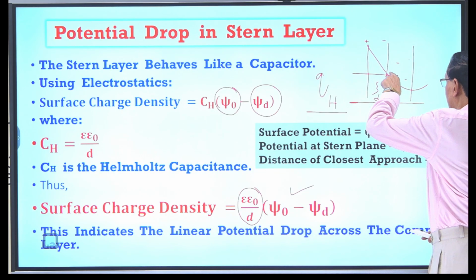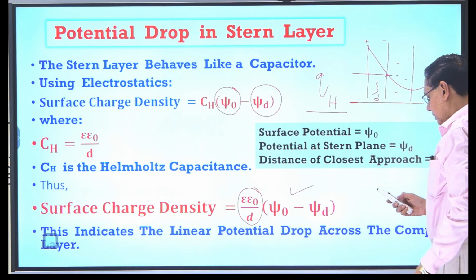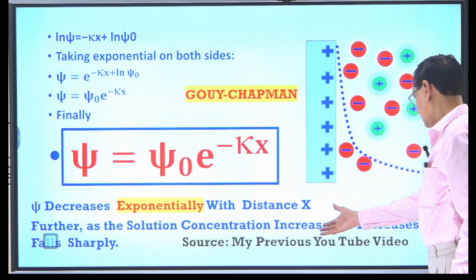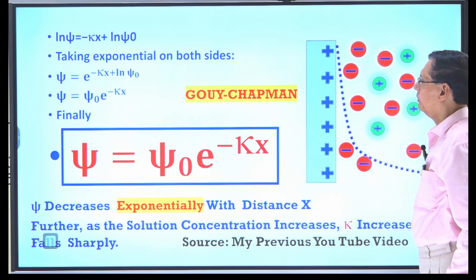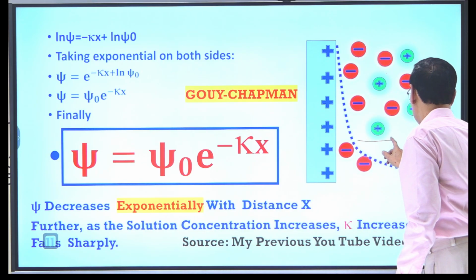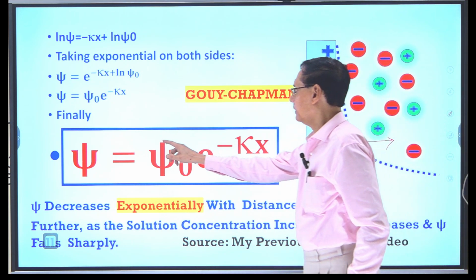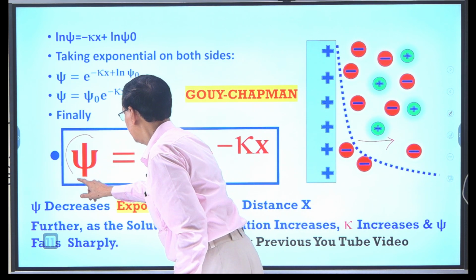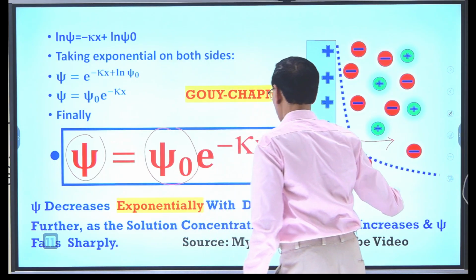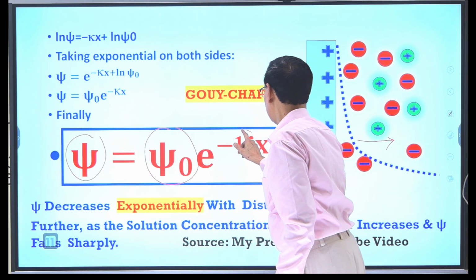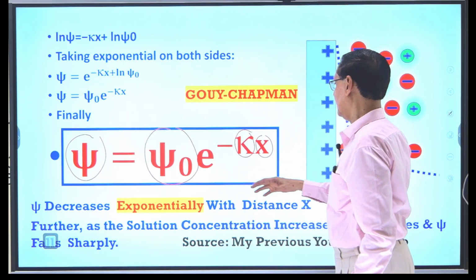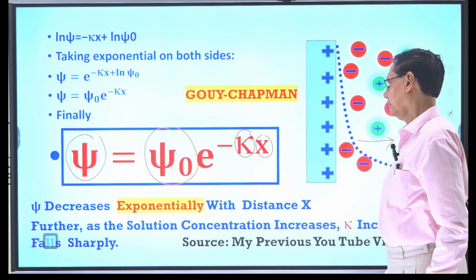Okay. Now this exponential drop, I have taken from my old previous YouTube video, where this exponential can now be calculated with the help of this. This psi is 0 again at a distance, and this is the thickness of the ionic atmosphere, and Kx like that. So psi decreases exponentially with the distance x.